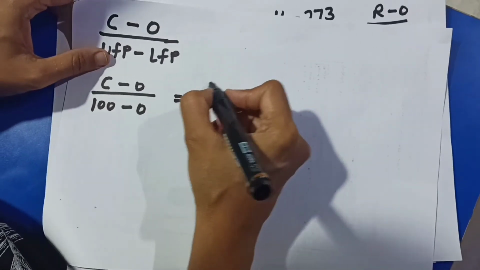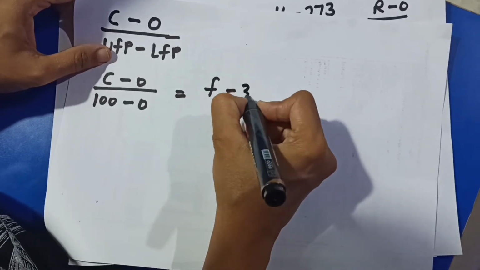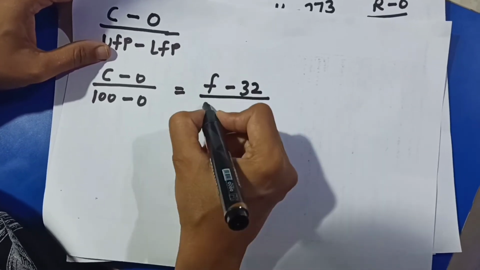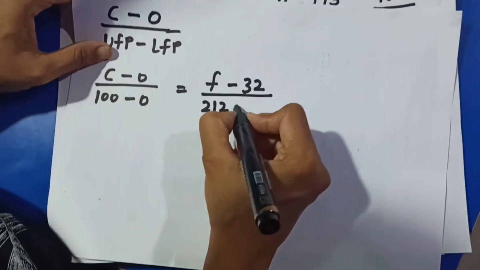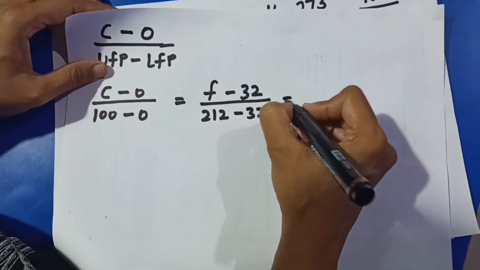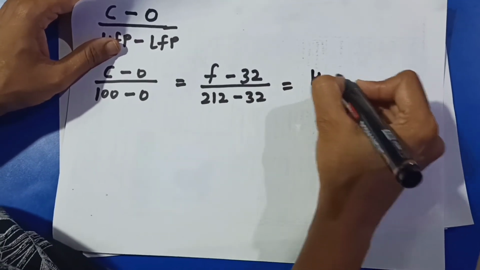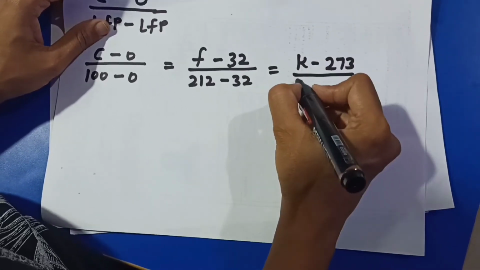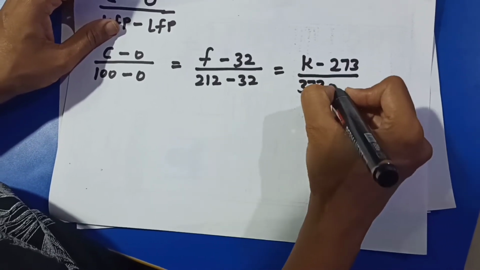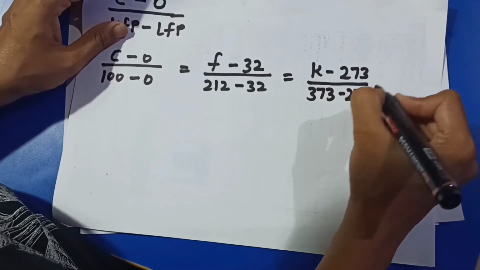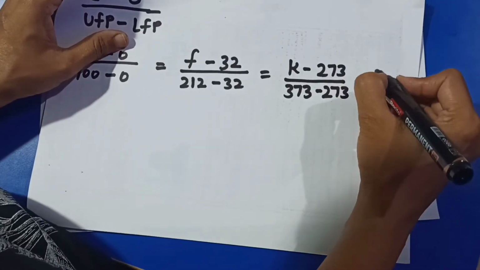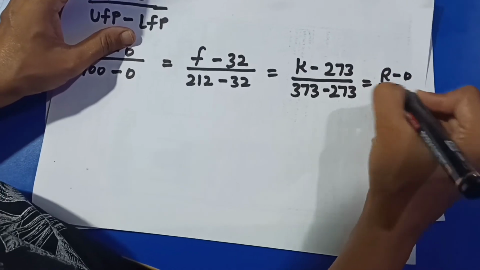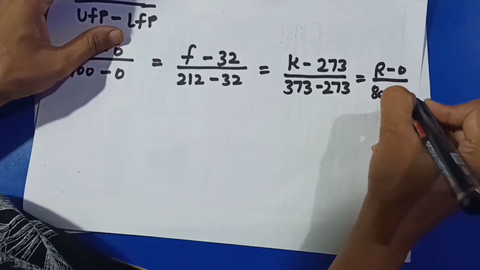In degree Fahrenheit, F minus 32, the lower fixed point, upon 212 minus 32. In Kelvin scale, K minus 273, which is the lower fixed point, upon the upper fixed point minus lower fixed point. And in Reaumur scale, this is R minus 0 upon 80 minus 0.